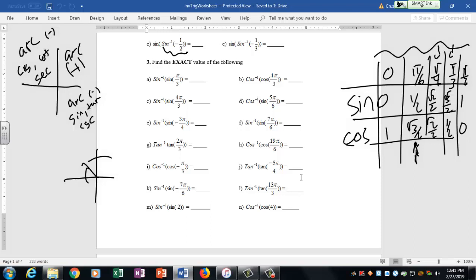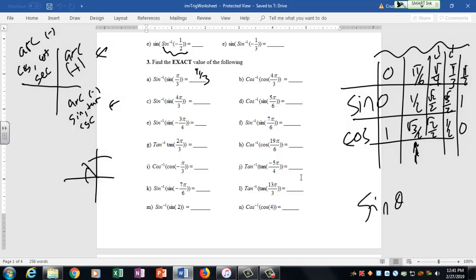Arc sine is only defined in quadrants 1 and 4. Does that make sense? They're the only two answers you can get. So when you do the sine of those values, you're just going right back to where you were. The reason why it doesn't work is, and this one's just pi over 3. Okay, because sine of pi over 3 is square root of 3 over 2.